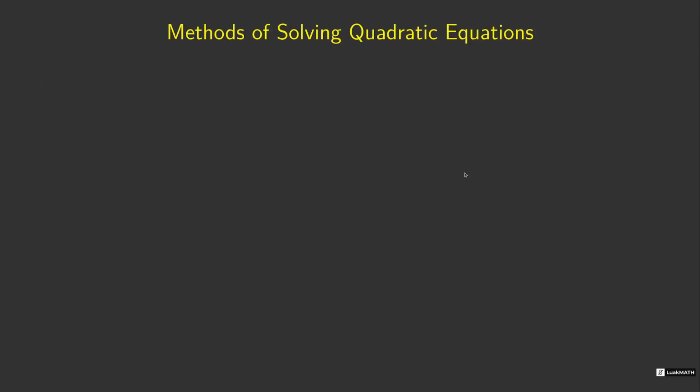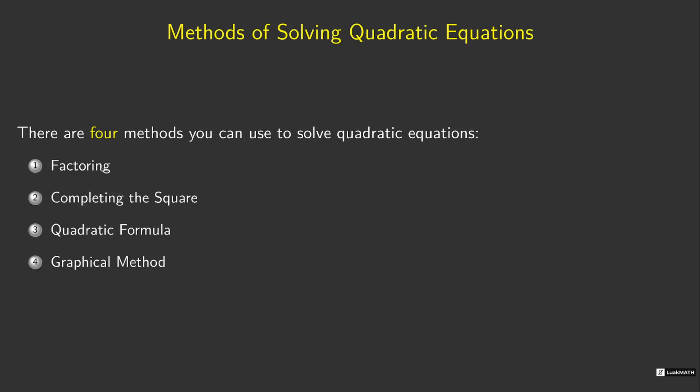Okay, so now the goal for this video is actually to show you ways of solving quadratic equations. It's good to be proficient in these methods. So there are 4 methods that you can use. These are factoring, completing the square, the quadratic formula, which most people might have seen in high school, and then the graphical method.